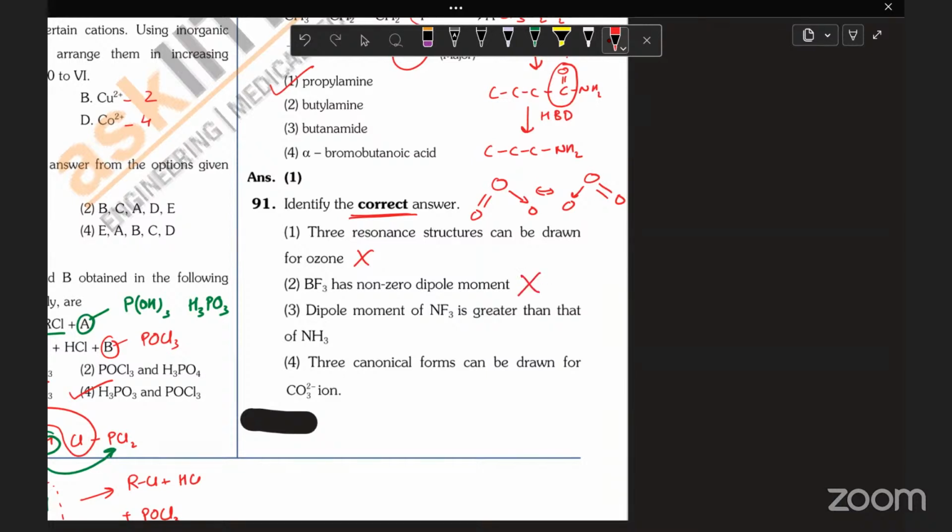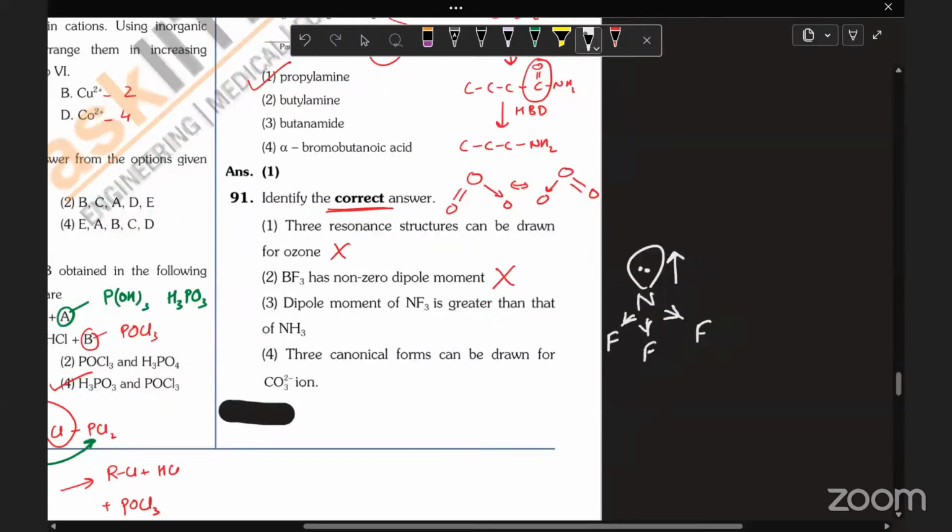Dipole moment of NF3 is greater than that of NH3. All right. Again, a statement from NCERT. If I just draw NF3, the dipole moment for the N-F bond will be towards fluorine because it is more electronegative, whereas we assume the dipole moment of the lone pair is always upwards. So they are in opposite direction, they'll cancel out.